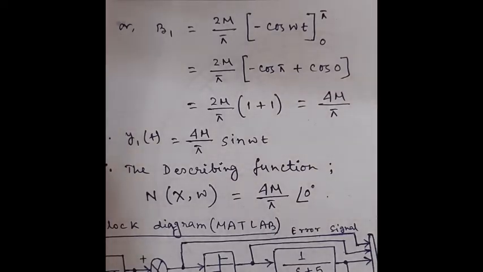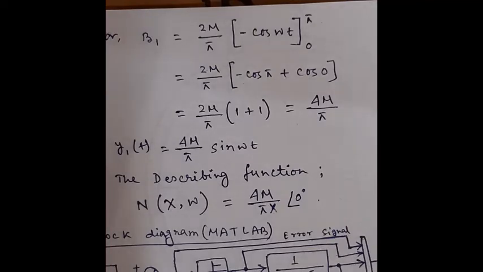Therefore y1(t), we know that y1(t) is equal to b1 sine omega t, that is 4m by pi sine omega t. Describing function is the output function divided by input function. So the output function is 4m by pi sine omega t divided by x sine omega t.